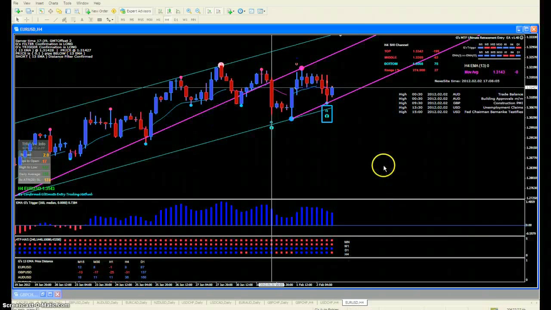The distance filter is the distance between price and the 13 on the 4-hour chart. In order for a trade to be valid, and in order for us to take it, it has to be within 50 pips. So 50 pips or less. If we're looking to go long, the price cannot exceed 50 pips above the 13 EMA on the 4-hour chart. That's an additional filter that we have.